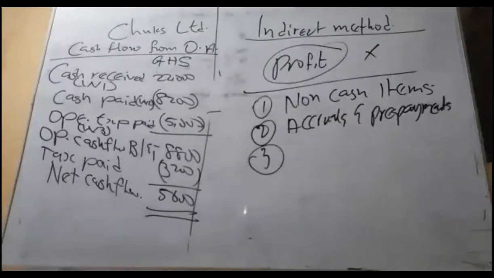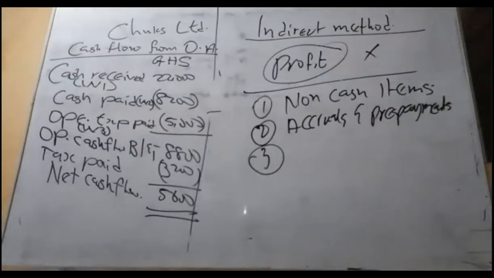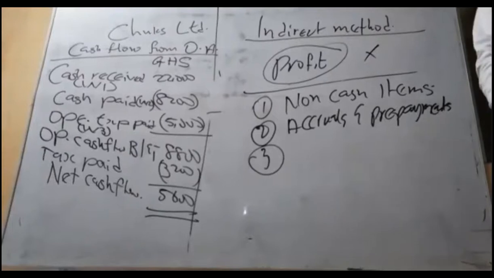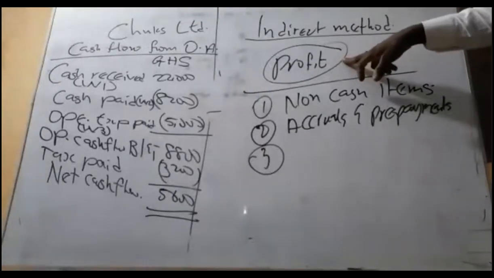So the alien, the third one, is what? Aliens or strangers: items which enter the profit, but they are not operating activity. Either they are financing or they are investing. Critical examples are what? Investment income, profit on disposal, dividend, interest received. All of these items are added to the profit because you pass them through other income.